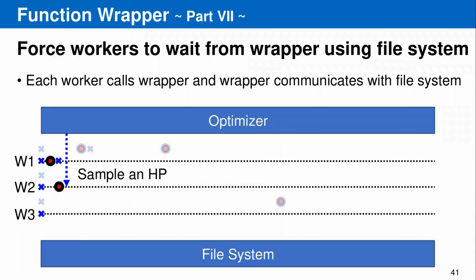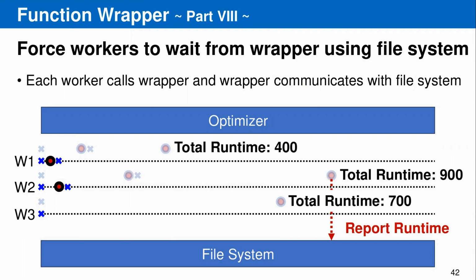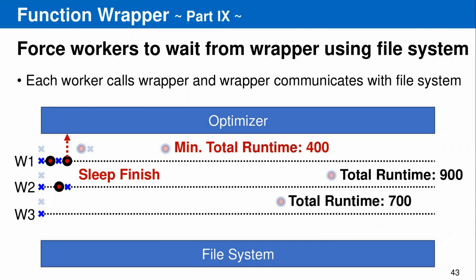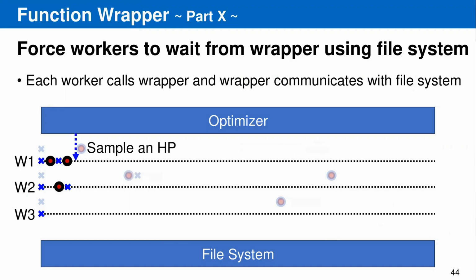The optimizer samples, the wrapper reports the runtime, updates the total runtime, checks the minimum total runtime, terminates the sleep for this worker, and returns the result to the optimizer.